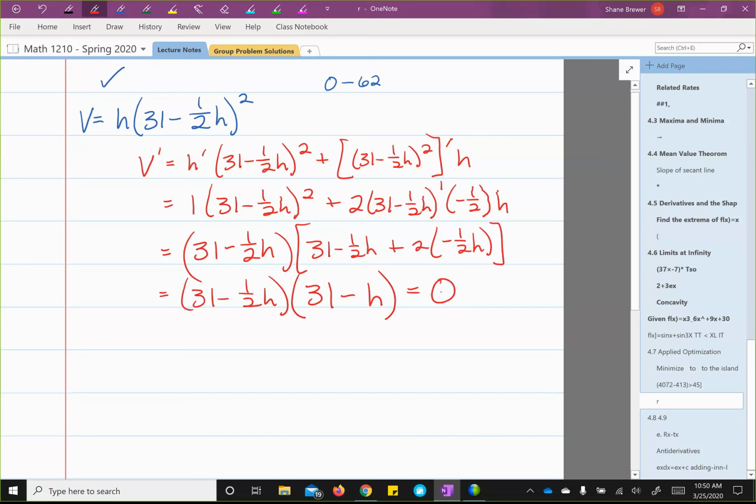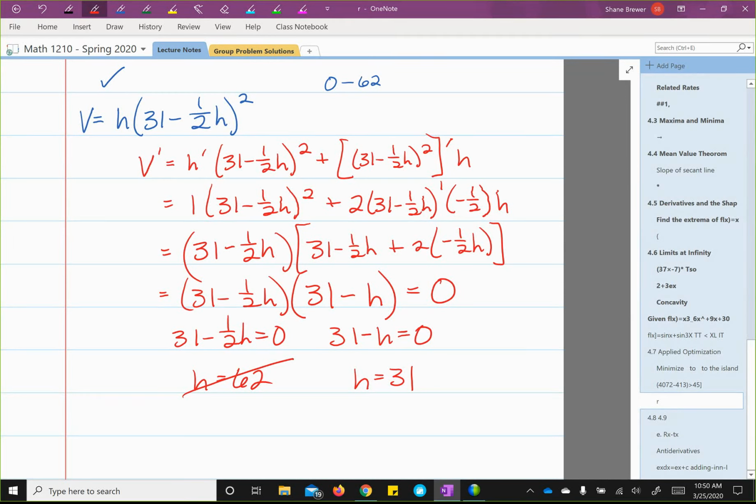Well, it's already factored, so what I do is I set each factor equal to 0. That one equal to 0, and that one equal to 0. And this one will give us h equals 62, and this one will give us h equals 31. Well, this first one makes no sense, because remember, the sum of your 3 dimensions has to be at most 62.